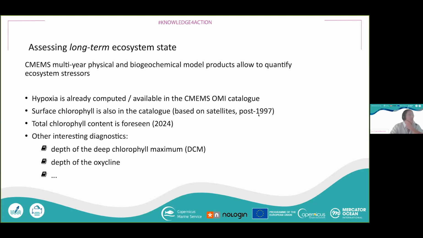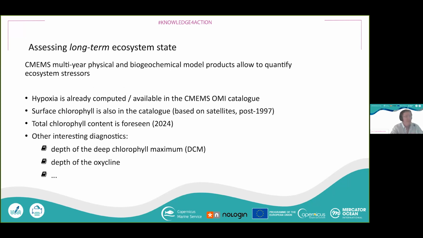So it's only available after 1997. There's a new indicator, which is the total chlorophyll, so not only the one on the surface, but also in depth, which is foreseen for the Black Sea, and it will become available in 2024. And then, apart from the existing ocean monitoring indicators, it's always possible, if you're interested, to compute other indicators yourself by going back to the raw data.